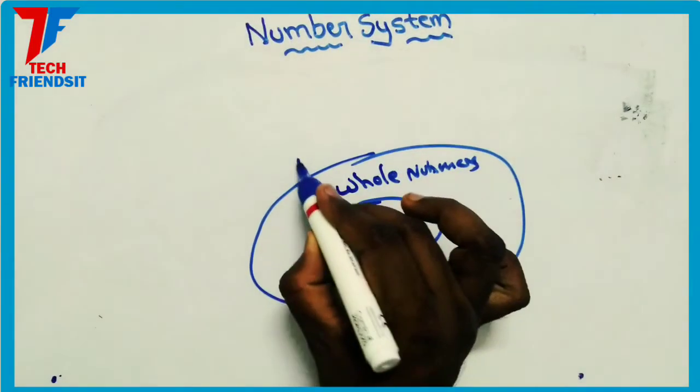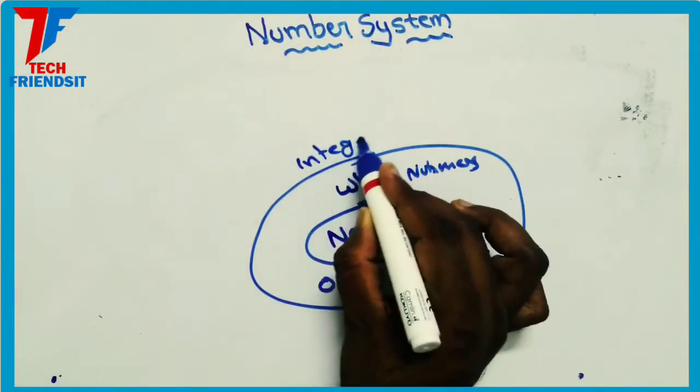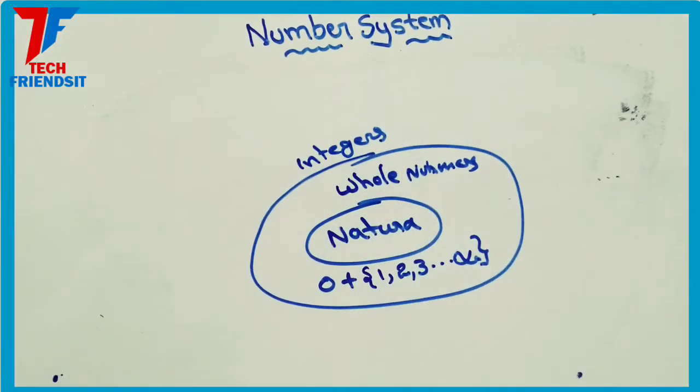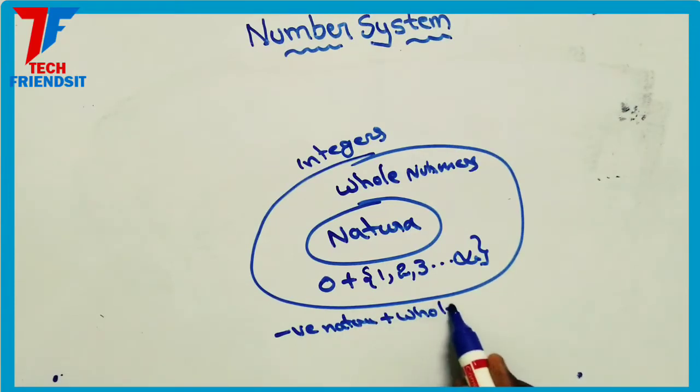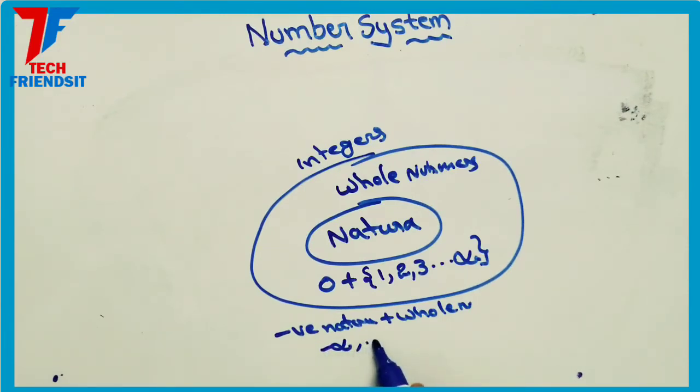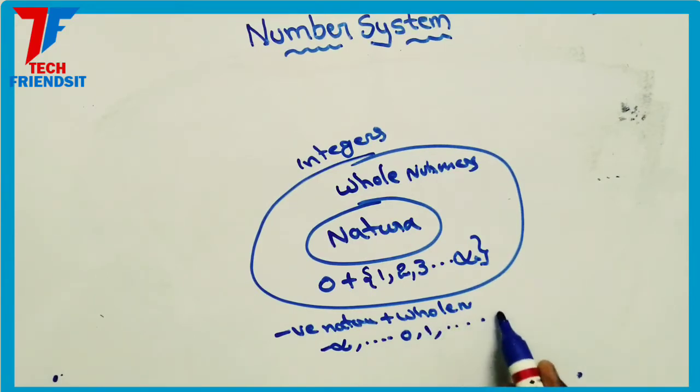Next, integers. What is meant by integers? Negative natural numbers plus whole numbers. So minus infinity till 0 and starts from 1 till infinity.